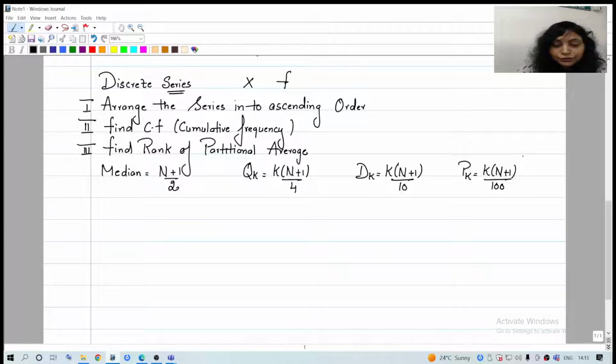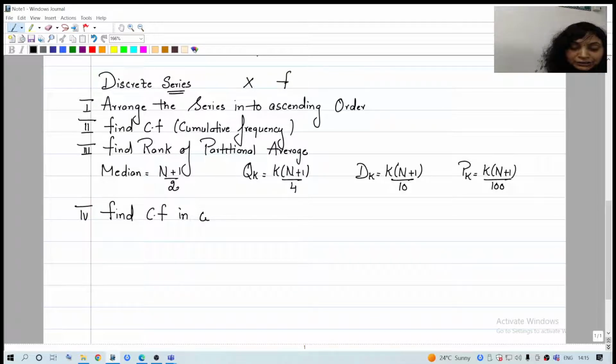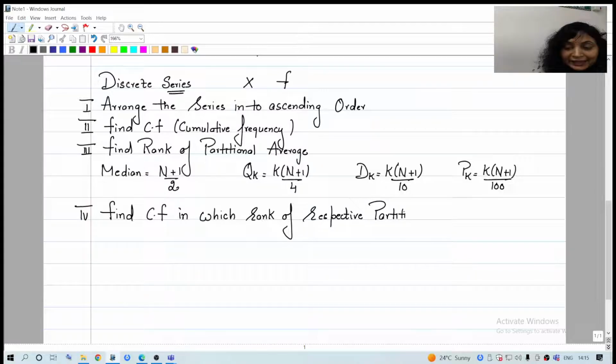So first you computed the rank. Now next step is find the cumulative frequency in which the rank of the respective partitional average lies. Means you have to identify the cumulative frequency in which the rank will lie.